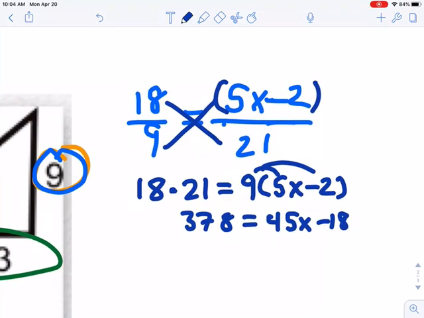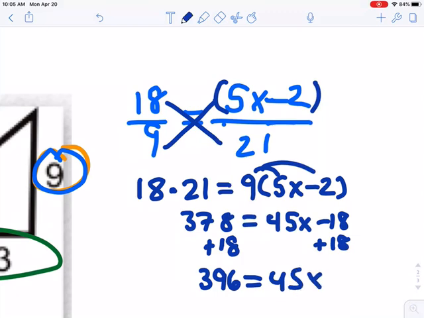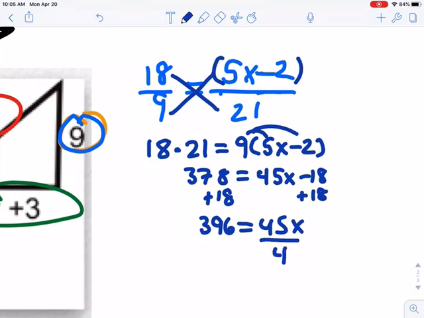All right, add 18 to both sides. Divide by 45. X equals 26.4. All right, nice.